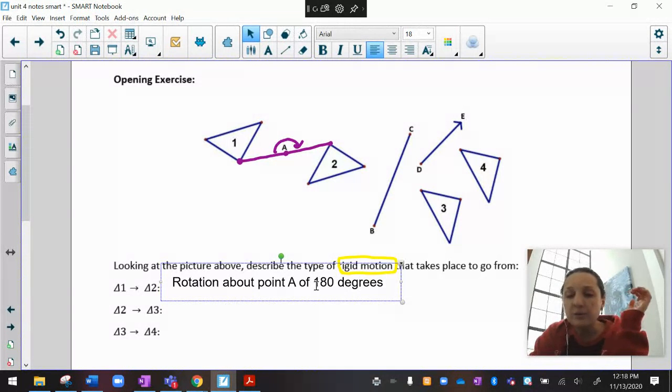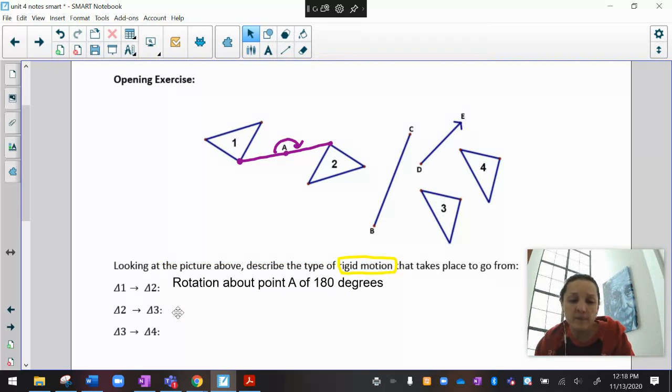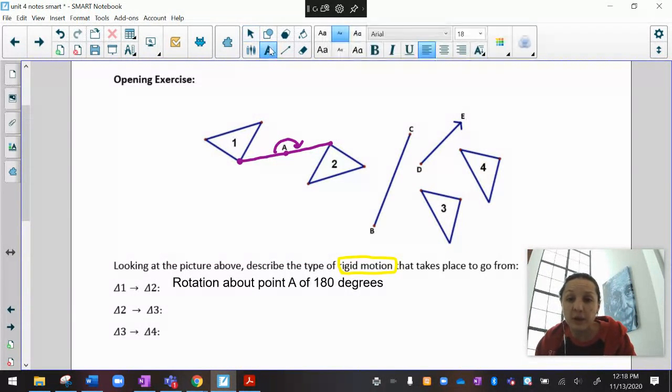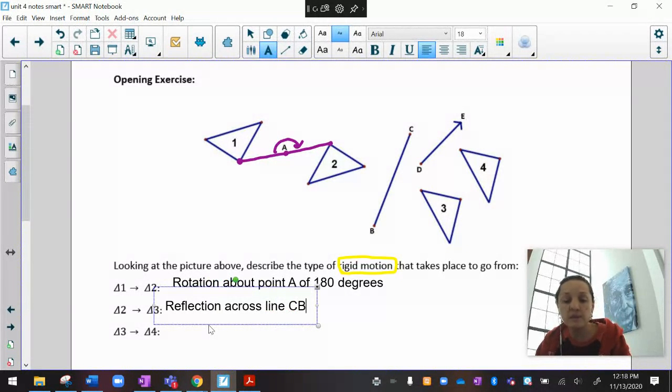Now, how to get from 2 over here to 3? Well, I flipped over CB. Flipping isn't really a thing. Reflecting, however, is. So to get from 2 to 3, we did a reflection across line CB. And then to get from 3 to 4, we slid, and that's a translation.